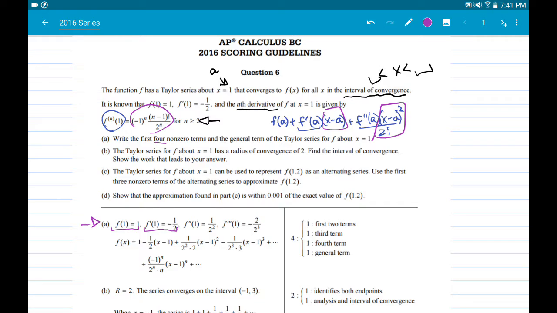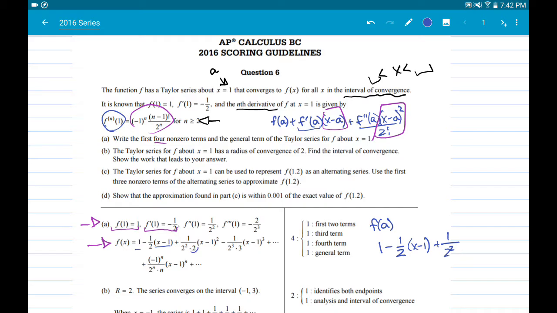And so if you're asked for the actual Taylor series, notice that you're going to take the coefficients. So 1 is here, that's f of a, that's 1. F prime is negative 1/2, and then you have to put in your x minus 1. The second derivative, the coefficient here, is 1 over 2 squared.